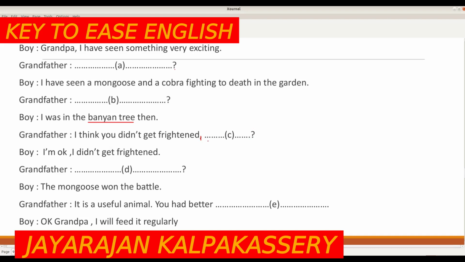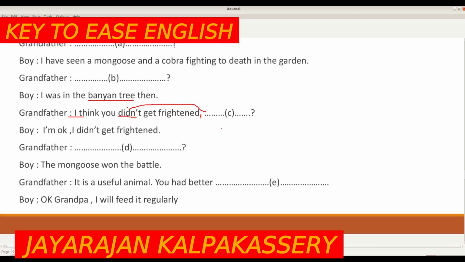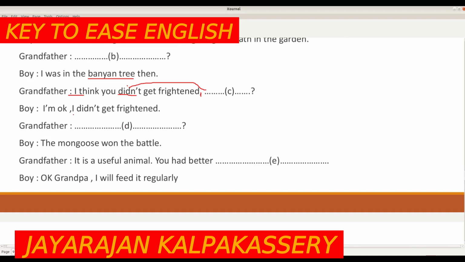It is a hint for a question tag. So, I think you didn't. So the auxiliary verb here, it is a negative sentence. So we have to take did here. I is here, so it will change, and did you? Okay. I didn't get frightened.